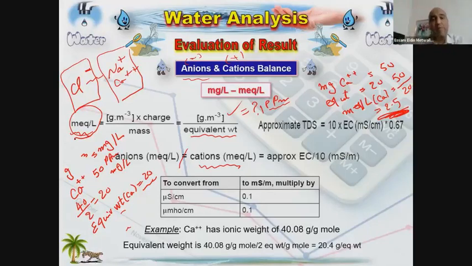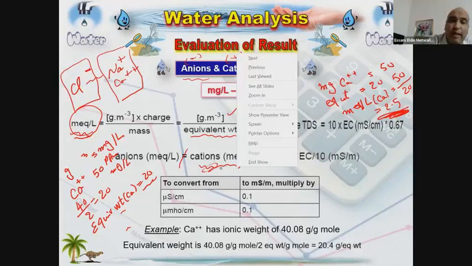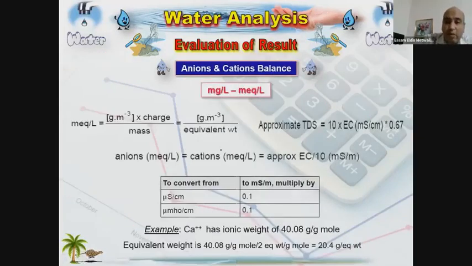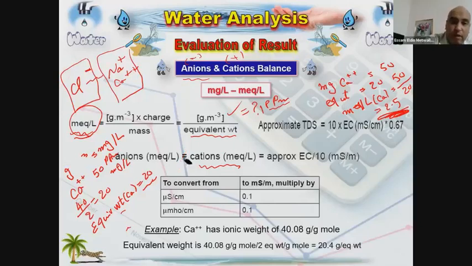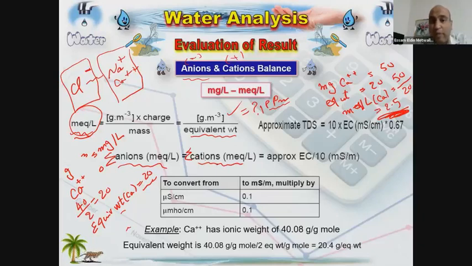The summation of mole equivalent of cations must equal the summation of mole equivalent of anions. To be sure your result is good, the mole equivalent of anions must equal the mole equivalent of cations, and the summation equals electrical conductivity per 10 divided by 10.